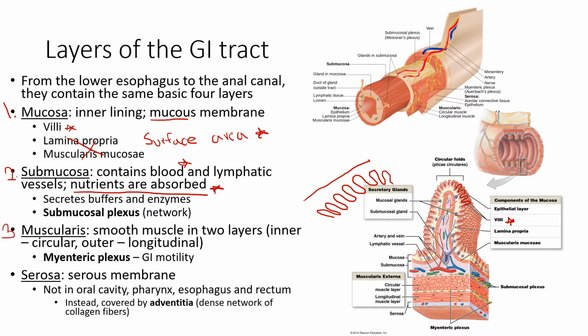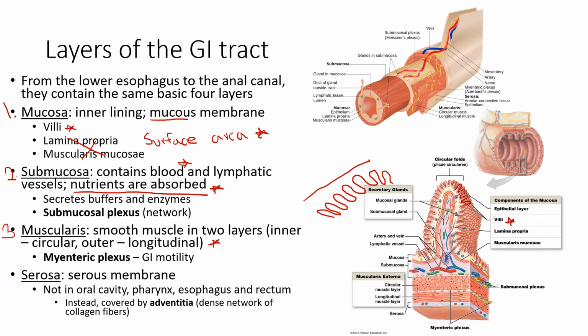The third layer is going to be the muscularis. So quite obviously with that name, this is going to be a muscle layer. It is a smooth muscle layer where the inner is going to be circular and the outer is longitudinal. When there are multiple layers that run in different directions, that is going to allow for these structures to be able to expand as something is moving through them.